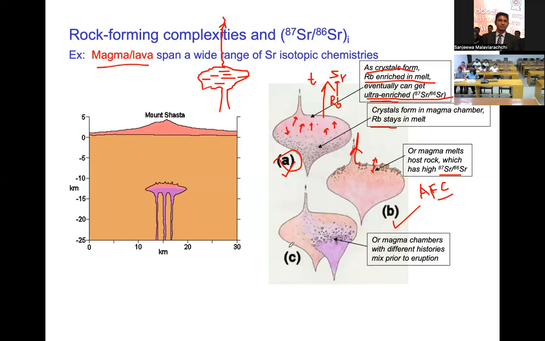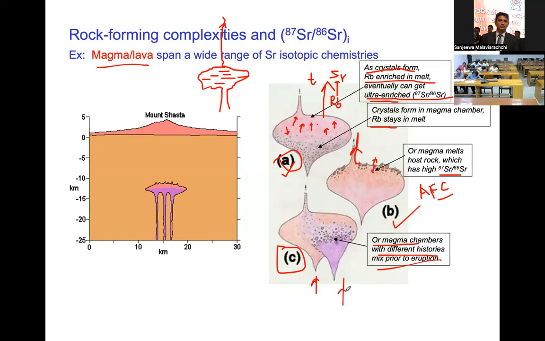And the third one, what you can do here, is number C. There are possibilities in the magma chamber that they are mixing together before the eruption. Before eruption, one magma chamber can be joined with another magma chamber, because of a sequence of melts coming from the mantle, different batches of melt.